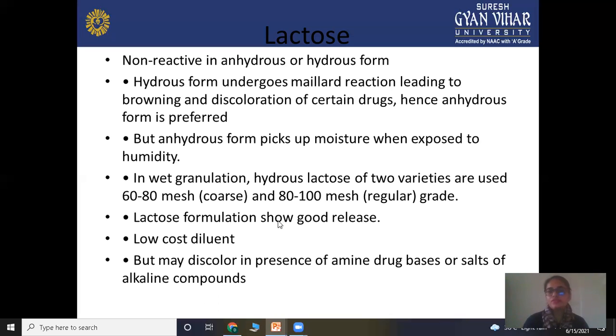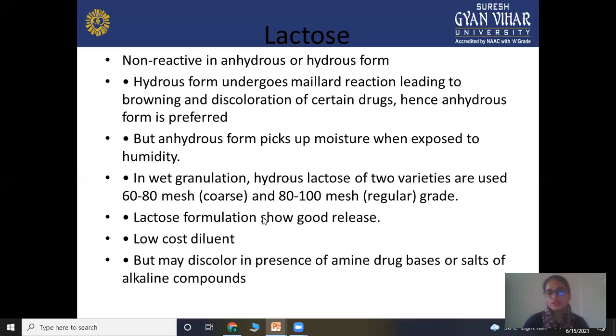There may be chances that it shows decoloration due to the amine group of the drug, and salt and alkaline compounds also show certain decoloration reactions. So lactose is overall good, but it has certain drawbacks. It is available in two forms, hydrous and anhydrous, and both have disadvantages, but the more preferred form is anhydrous because its only disadvantage is that it easily picks up moisture from the surroundings.